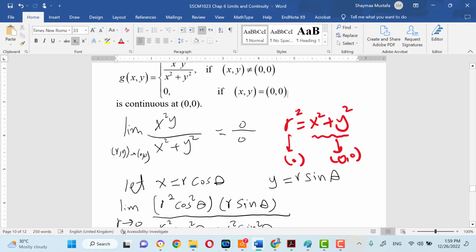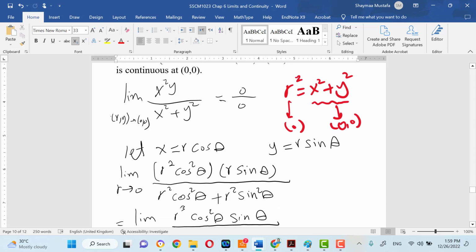So here it becomes the limit when r goes to 0. x squared becomes r squared cos squared theta. y is r sin theta, over x squared, which is r squared cos squared theta, plus y squared, which is r squared sin squared theta.